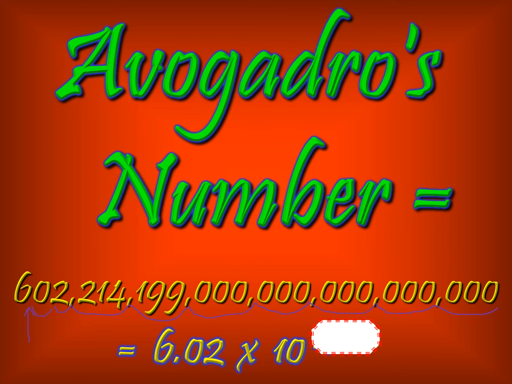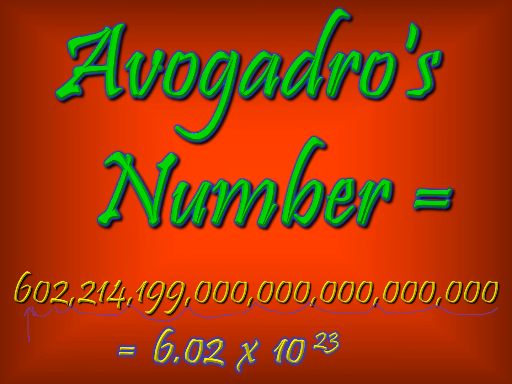So the exponent is going to be the 23rd power. 6.02 times 10 to the 23rd power is what we call Avogadro's number, which is the number of atoms in a mole of something. Now notice that that's how many tens I would have needed to multiply by to get the decimal in that position.